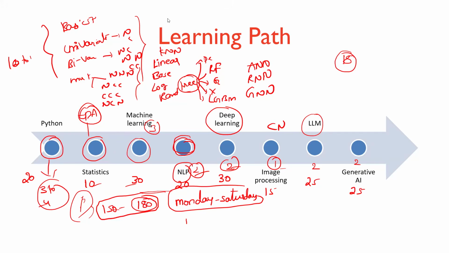Do we need to learn everything, or can we learn only some things? See, if you want a job with 2 to 3 years of experience, till this point you'll get jobs. SQL will be covered, which I have not mentioned here. Python, statistics, machine learning, NLP.